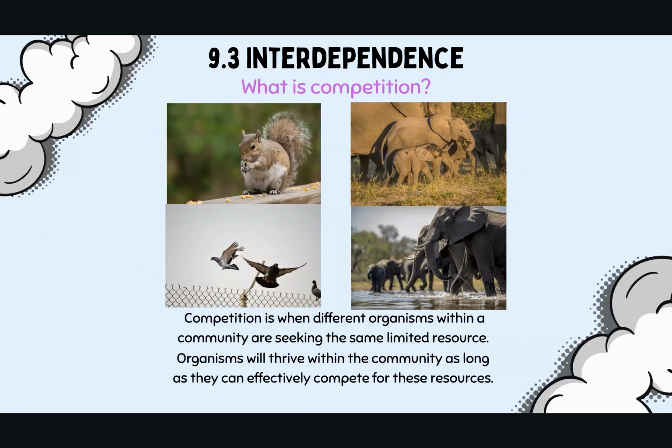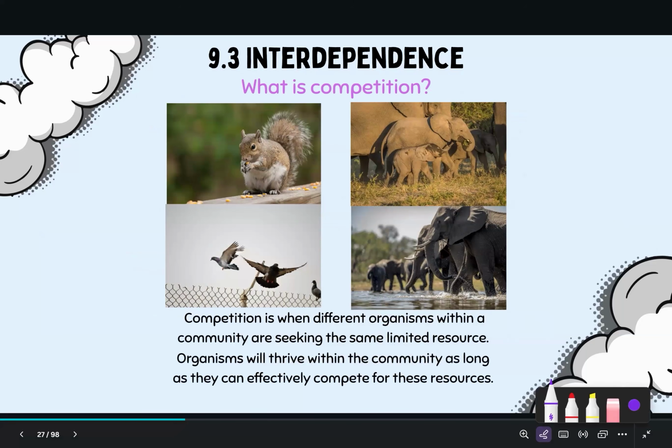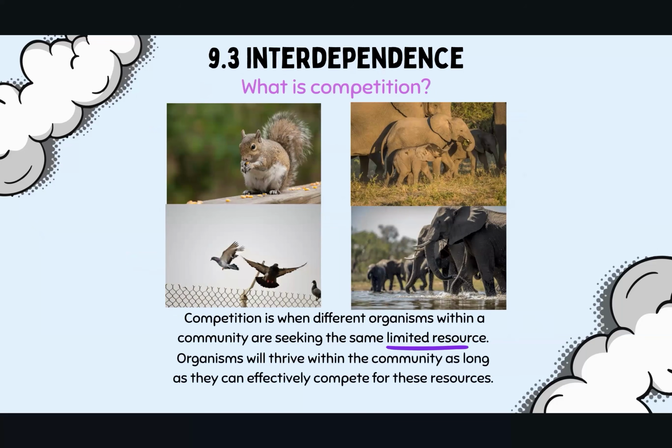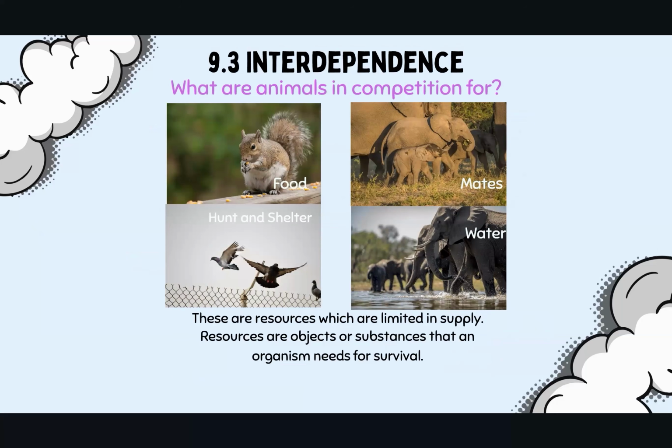Now, interdependence and competition. Competition is when different organisms within a community are seeking the same limited resource. Usually those limited resources are food, mates, water, space to hunt, and space for shelter, so their habitats.